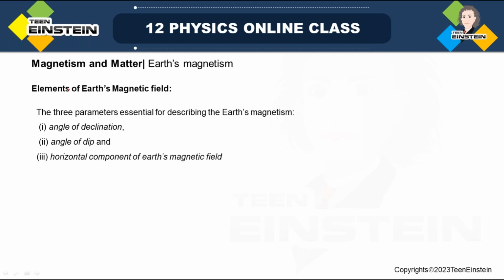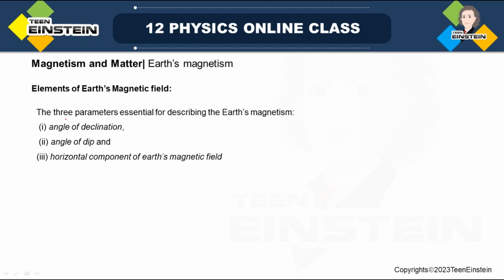There are three essential parameters which help us to determine the Earth's magnetic field quantitatively.